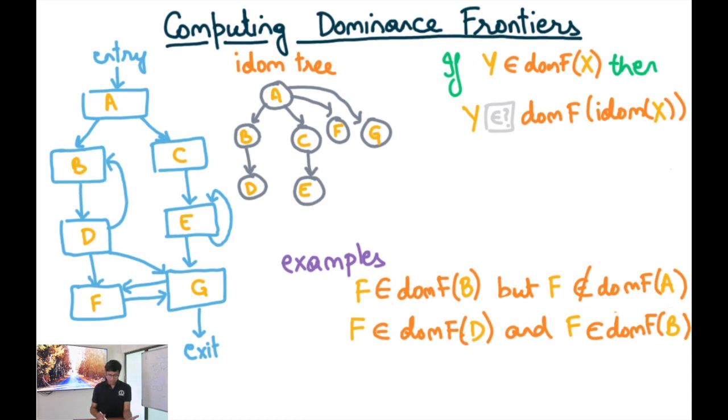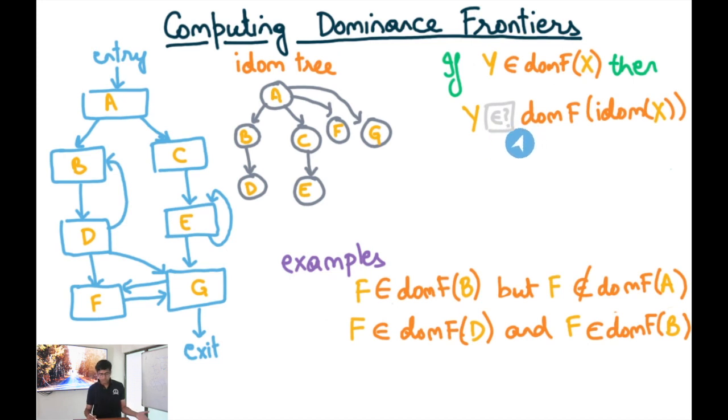But B does not belong to the dominance frontier of the parent of B, which is A. So B does not belong to the dominance frontier of A, but B belongs to the dominance frontier of B. Whereas if I look at D, then B belongs to the dominance frontier of D, but B also belongs to the dominance frontier of B. So I cannot say for sure.